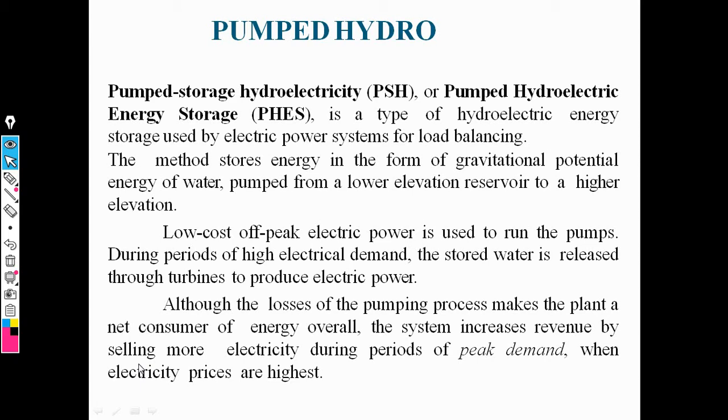This method stores energy in the form of gravitational potential energy, and this energy can be recovered with the help of water pumped from a lower elevation reservoir to a higher elevation. That means the water is pumped from the lower side to the higher side, to a reservoir or any dam.